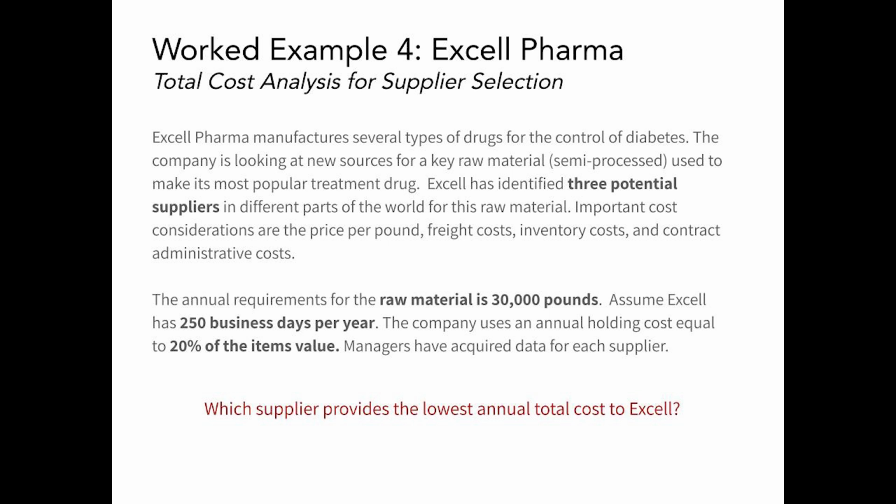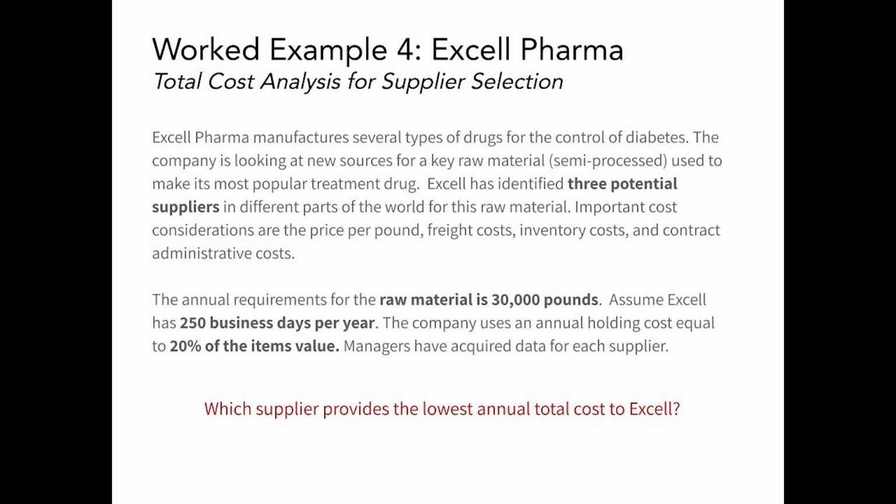Consider Excel Pharma, a company that manufactures drugs for controlling diabetes, seeking new sources for a key semi-processed raw material used in its most popular treatment. Excel Pharma is evaluating 3 potential suppliers, each located in a different part of the world, a common scenario in today's global supply chain environment.